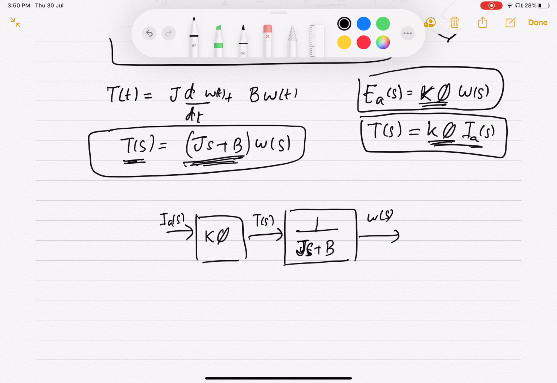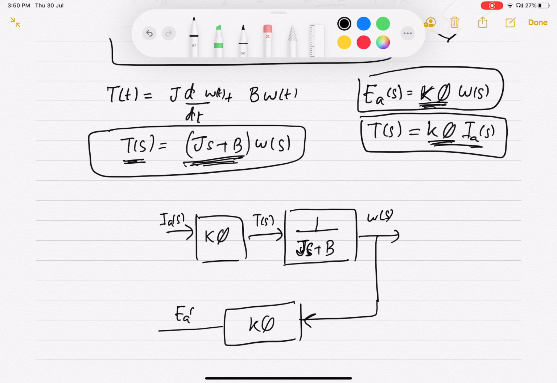Once we get the angular velocity, we can multiply the angular velocity with K phi again, and get the back EMF Ea(s) from this equation. So this equation you have implemented, this you have implemented, and this you have implemented using these three blocks.